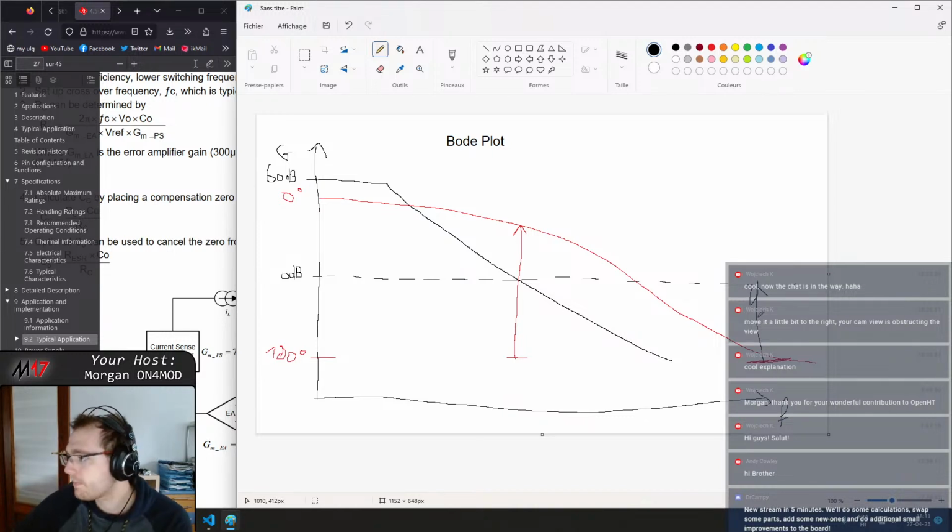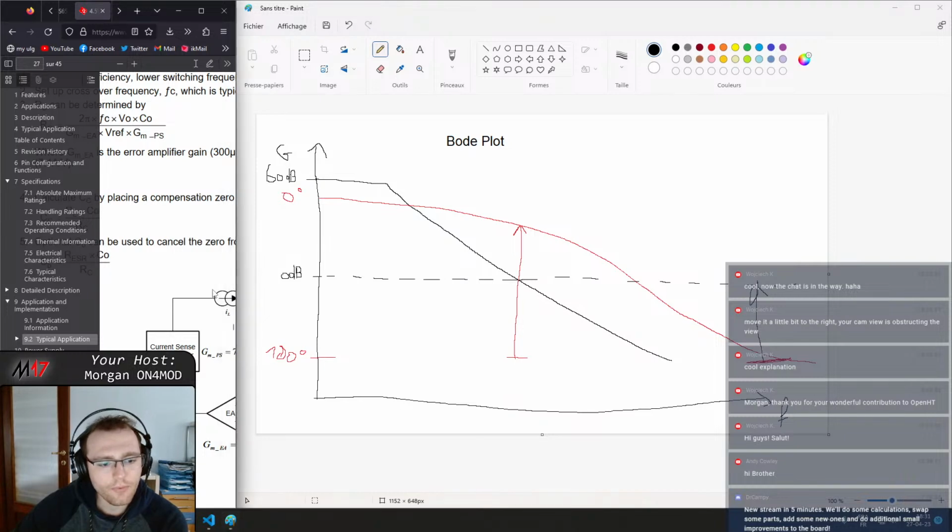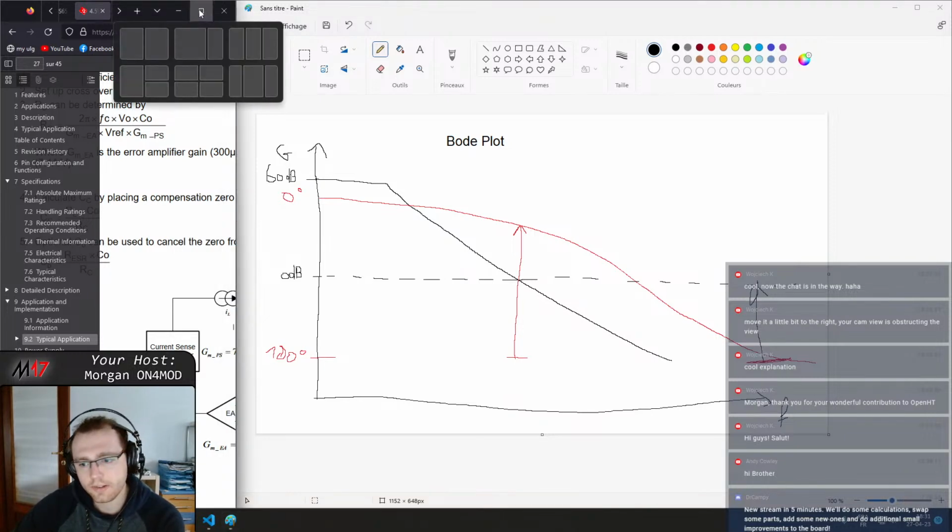So basically, at minus 180, at 180 degrees, you do not want to amplify the error. Otherwise, it's gonna explode. And those are the two main criteria that you are gonna look at when you design the compensation filter, or basically a filter for a linear control system.